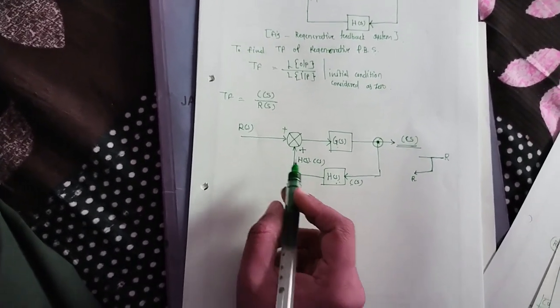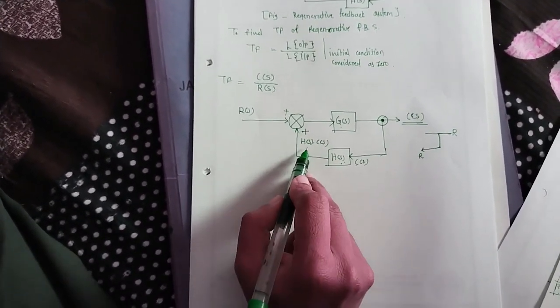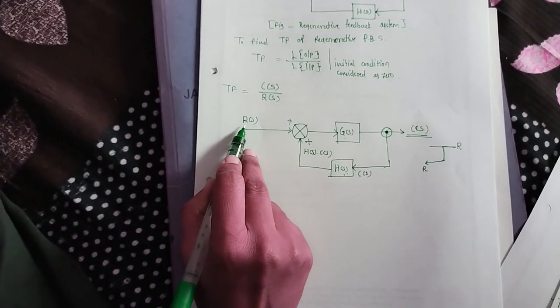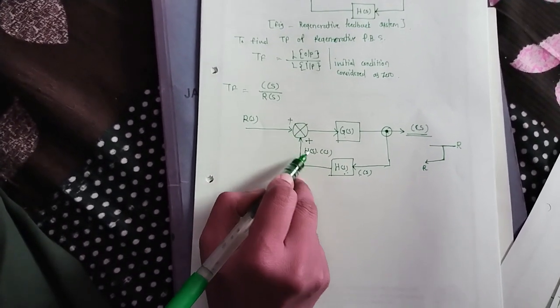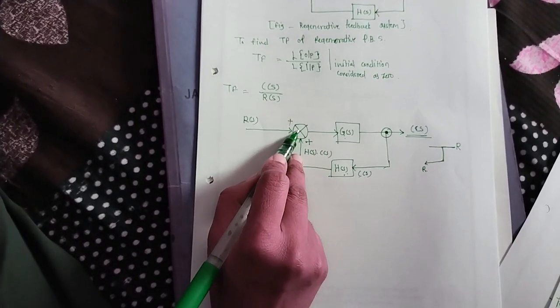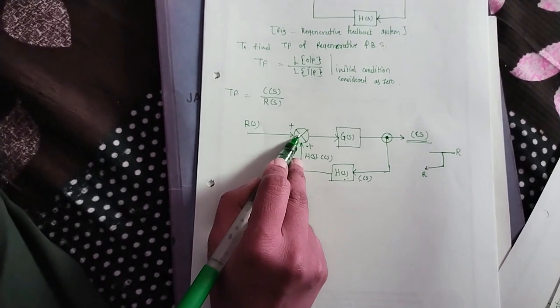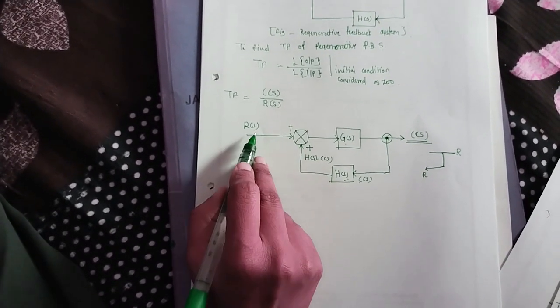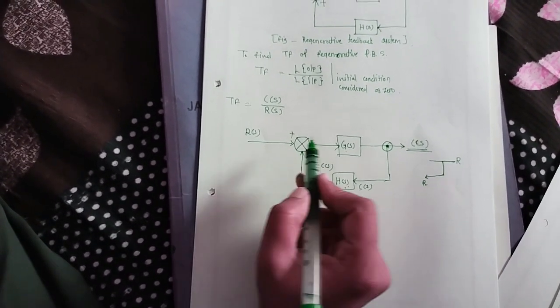These two signals, H of S into C of S and R of S, are coming to the error detector as input signals. This will add these two signals.